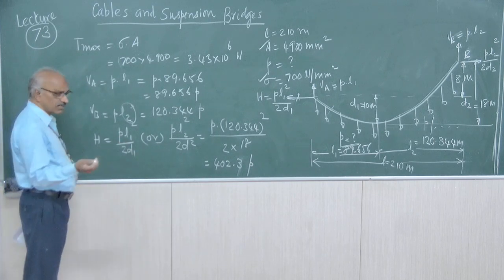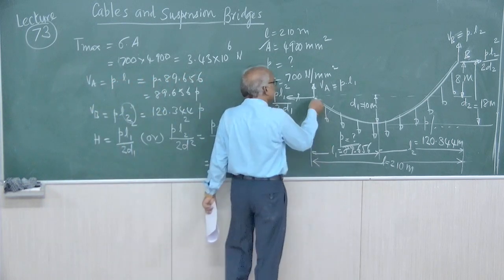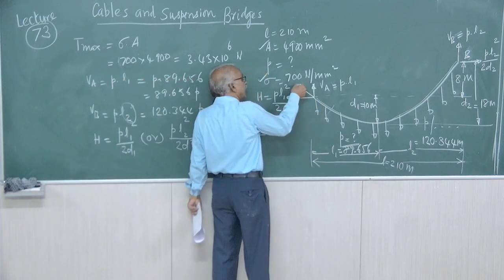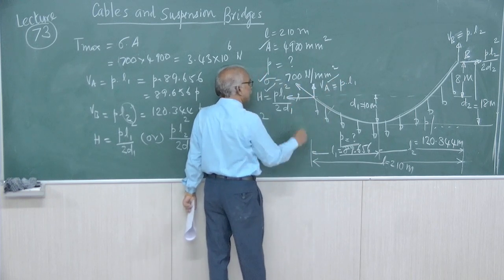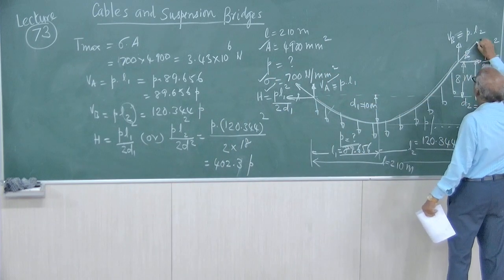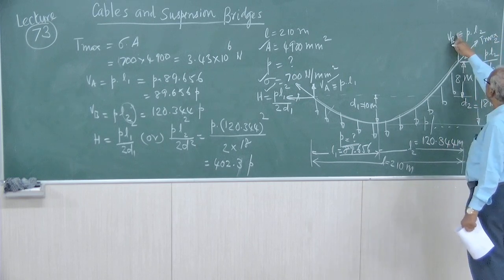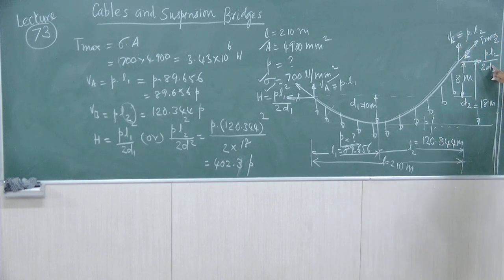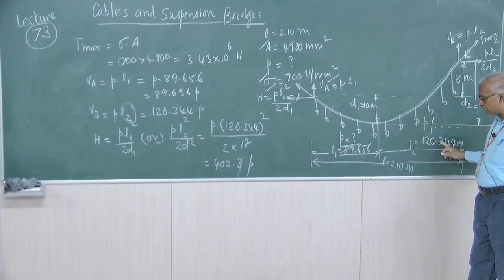But why we are concentrating on B is, when you find the value of T max, at A it will be root of VA square plus H square, and at B, T max will be root of VB square plus H square. Comparing L1 and L2, we find L2 is more.